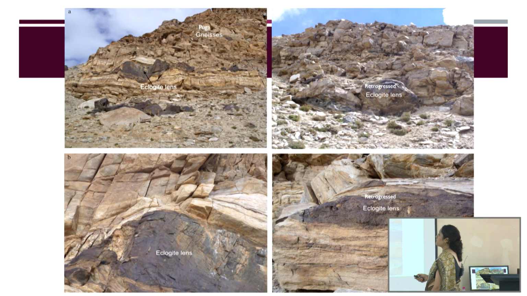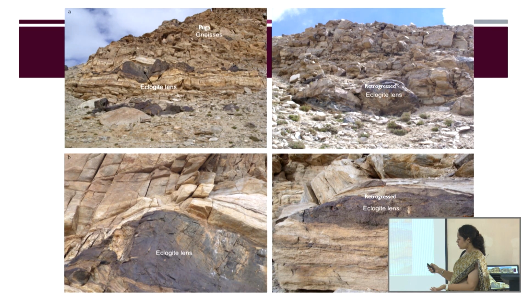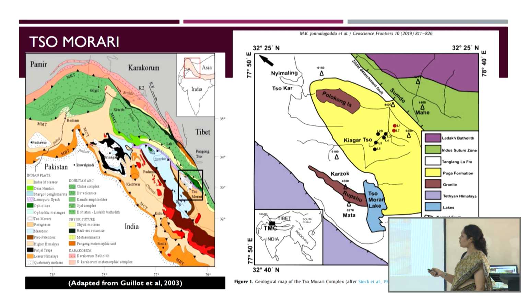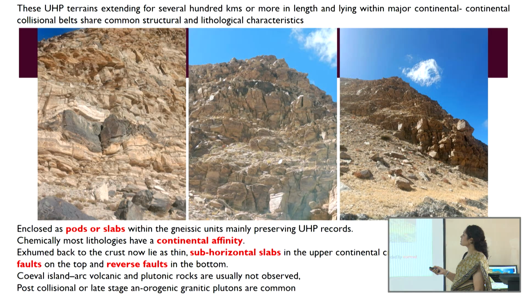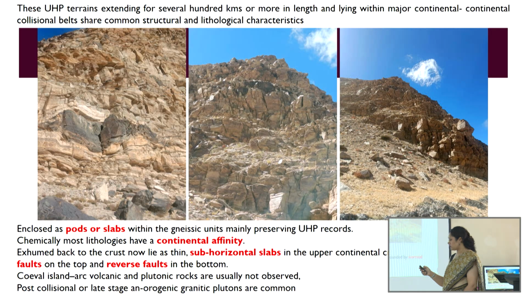So if you look at these field photographs similar to the earlier ones, let me go back, in fact that one is a better photograph because it's a recent one. They occur as pods. This is the primary eclogite which is pure, it does not show retrograde signatures.